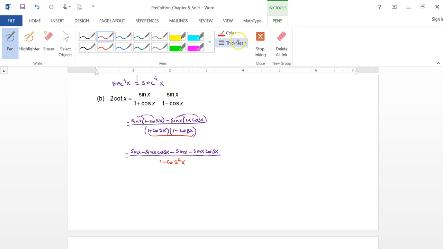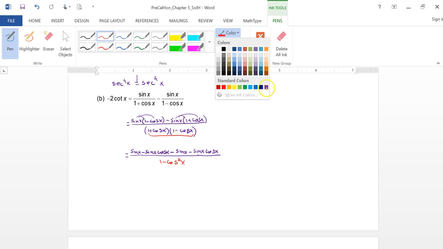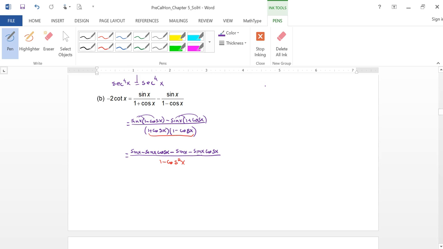I don't understand how it cancels. It doesn't cancel. Here, sine x and sine x cancel each other out. And what you have is negative sine x cosine x, negative sine x cosine x, negative 2 sine x cosine x, over, what's 1 minus cosine squared x? Sine squared x.